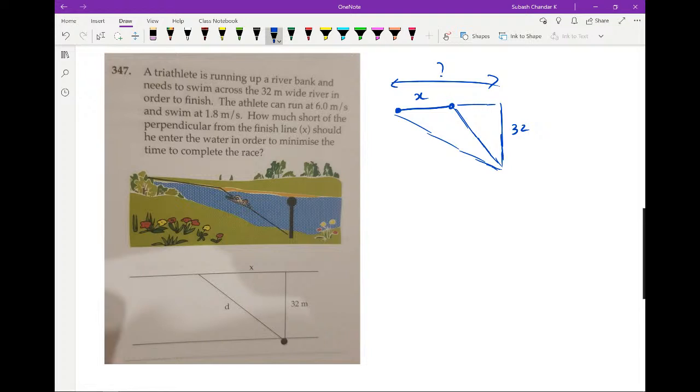I'll show you guys the answer. Something they've done is x over 6 plus 32 over 1.8 minus. How do they get to this? Is what I don't understand. The perpendicular line is 32 meters. Yeah.